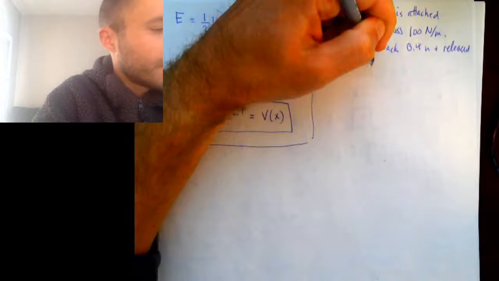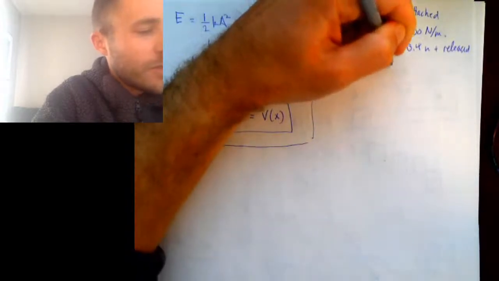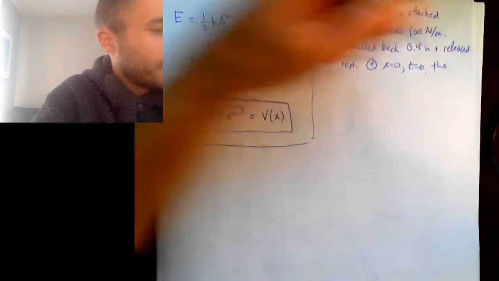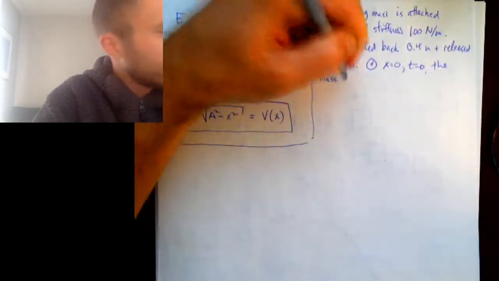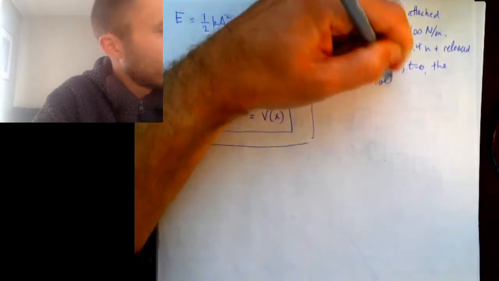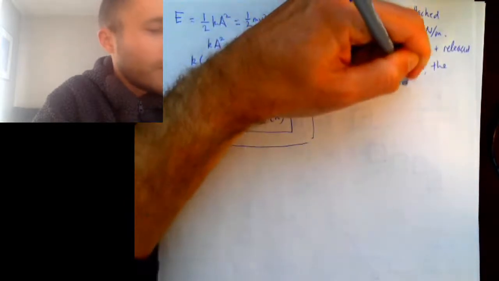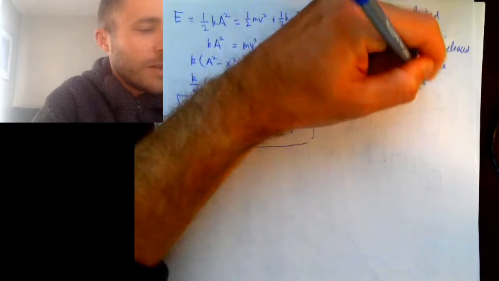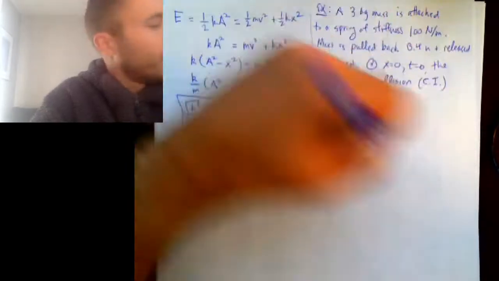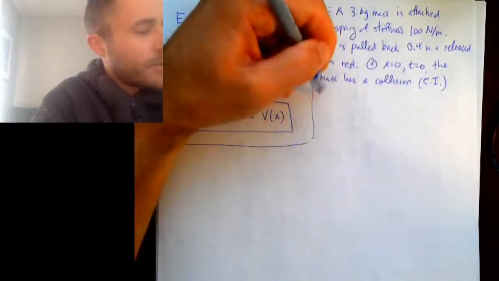At position 0 and time 0, the mass has a collision, it's completely inelastic, with a 2 kilogram mass.